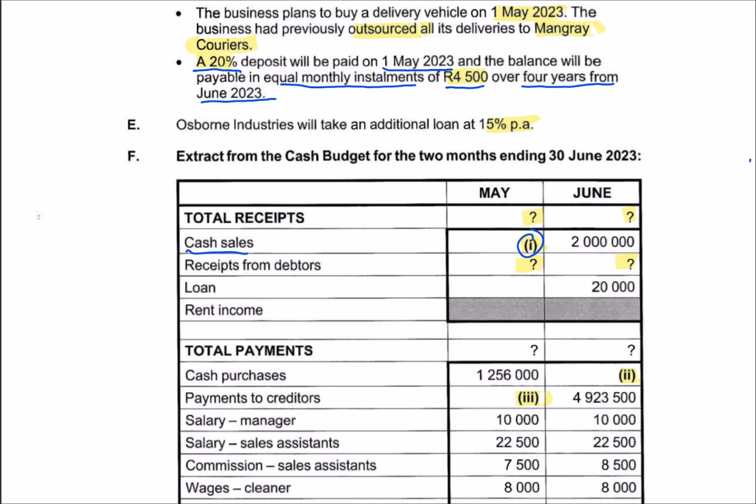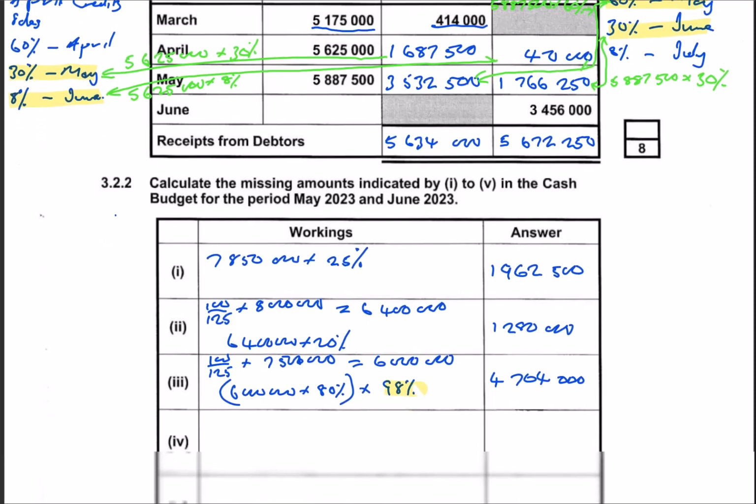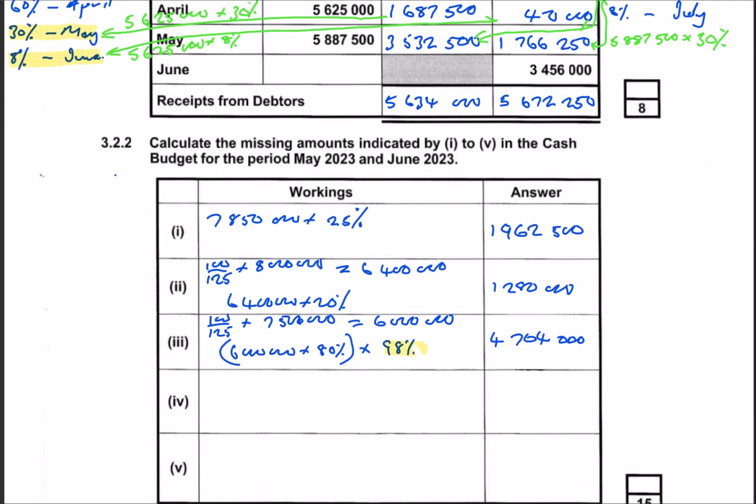So to calculate that, what you're going to do is, it's 4,500. How many months is 4 years?